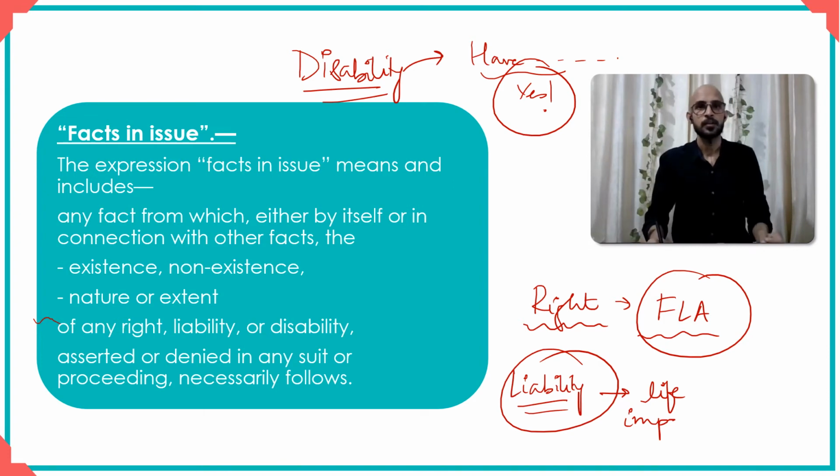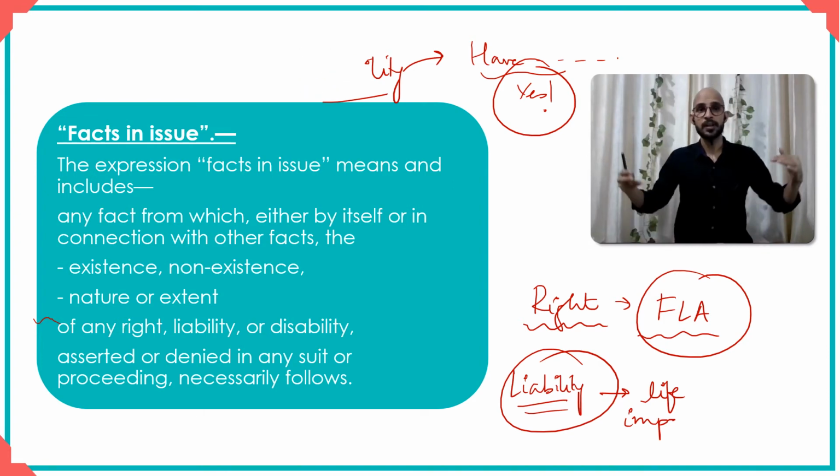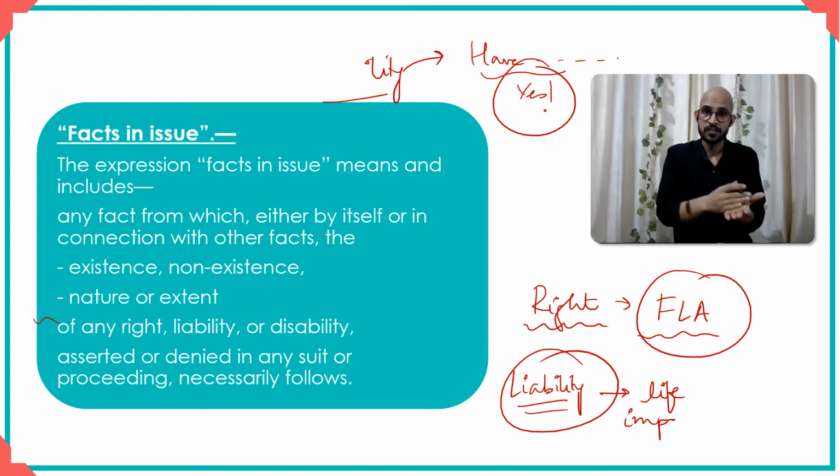So any fact, whether by itself or read in conjunction with other facts, which leads to the determination of the existence, non-existence, nature or extent of any right, liability or disability, is a fact in issue.